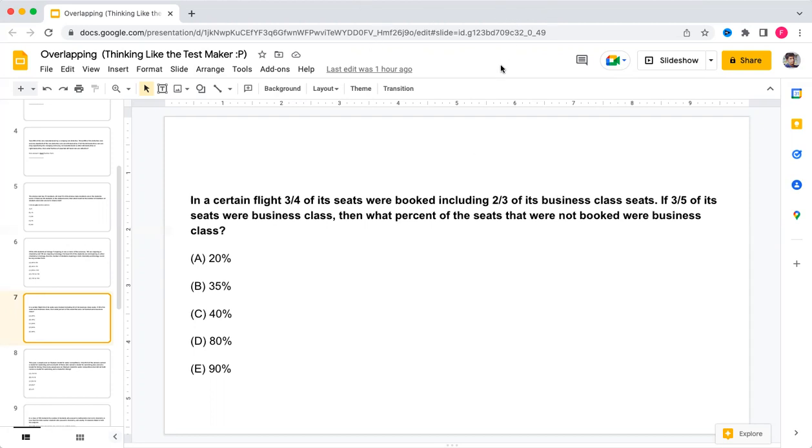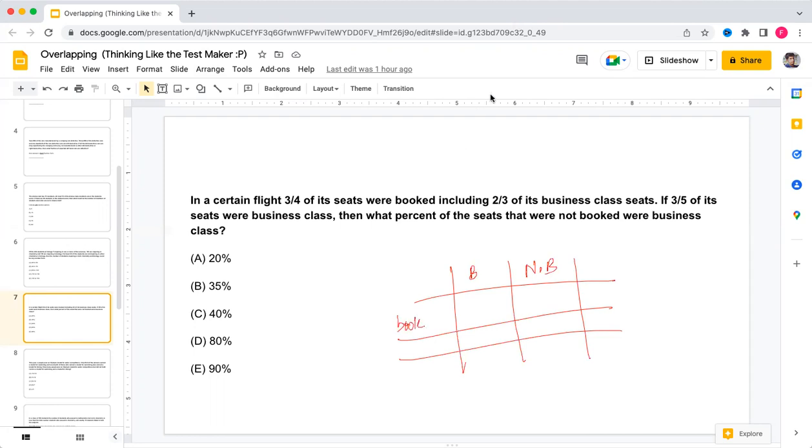So I will prefer to solve this using the double matrix. So let's call this business, and not business, let's call this booked, and this not booked. Okay.